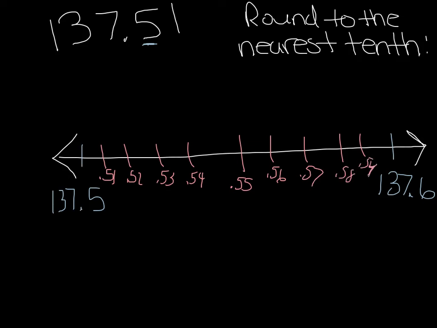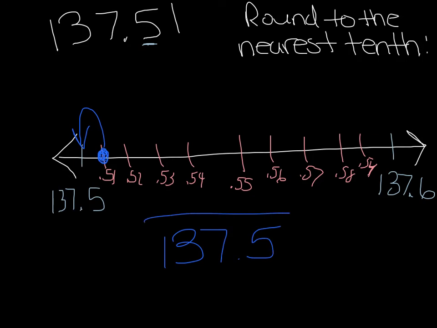Okay, so really, this is 137.51, 137.52, 137.53, etc. Okay, so I'm going to plot my point, which is 137.51. Well, that would go right here. And clearly we can see that that is closest to 137.5. All right, so that is our correct answer.